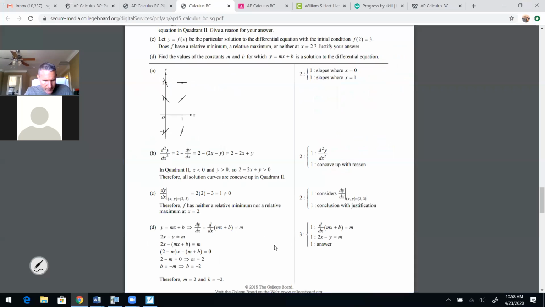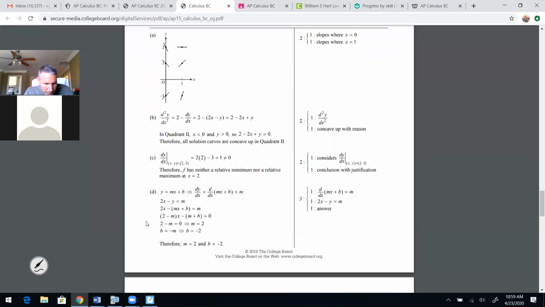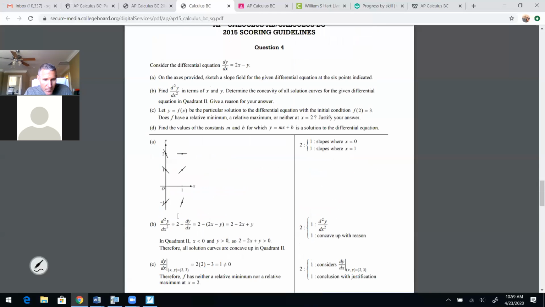What do they have here? So they have this, which is what I have. I brought the m plus b over to this side. They're just saying this has to be equal to 0, because what are we looking for?